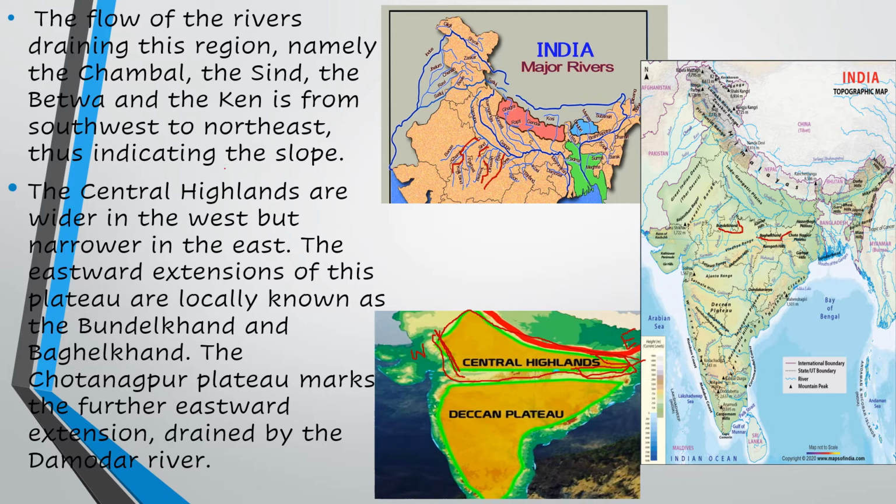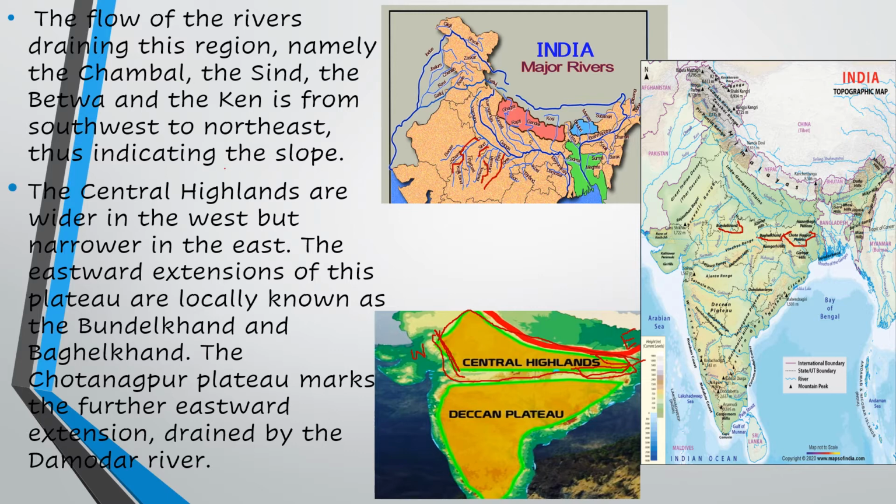See over here. The Chota Nagpur Plateau marks the further eastward extension. You can see the further eastward extension, that is the Chota Nagpur Plateau. That marks the further eastward extension drained by river Damodar.